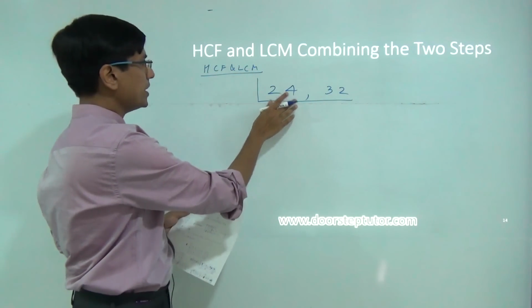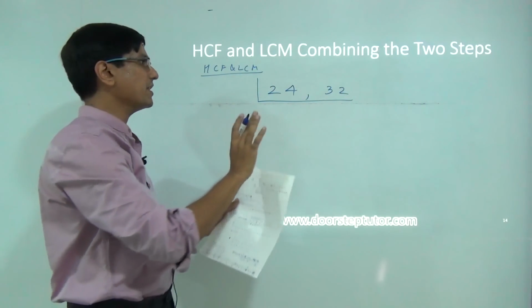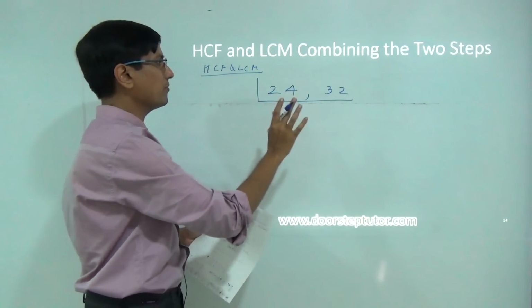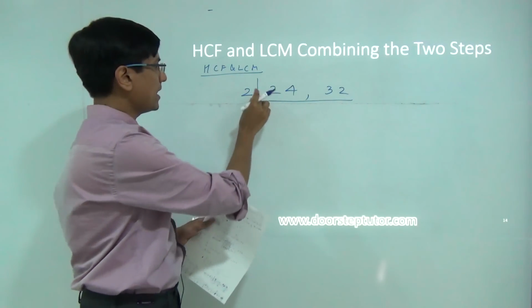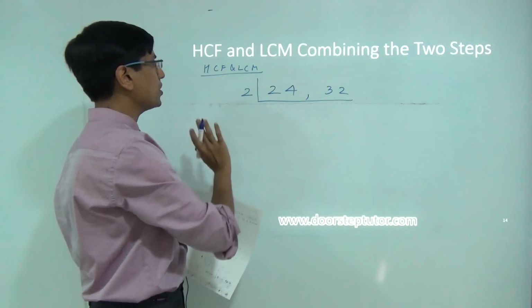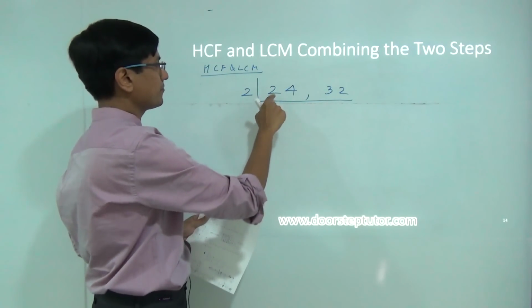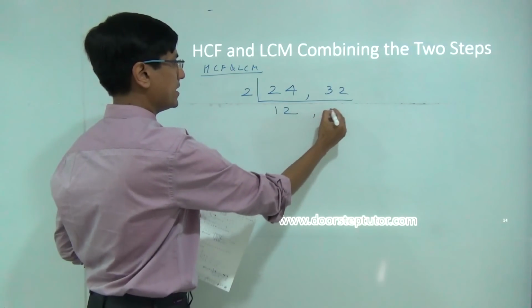Okay. So what I do is I write them together, and the first thing I do is find the common factors of both these numbers, all the common factors. So the first common factor is 2. I write it here, right? And 2 is a common factor because both of these are even. So I write the number 2 here, and I divide 24 by 2 and 32 by 2, and I write it here.